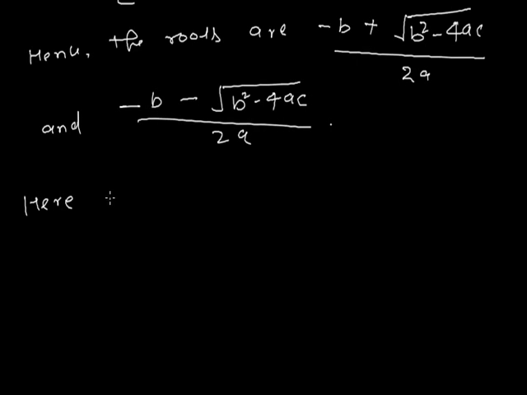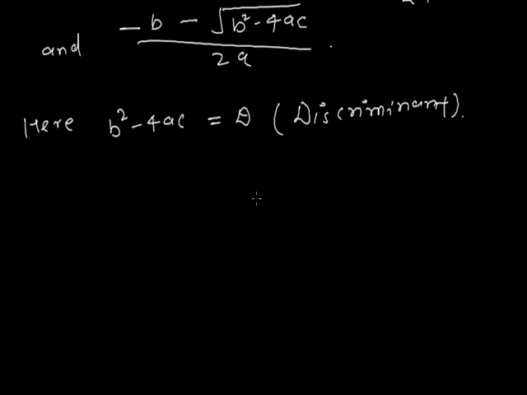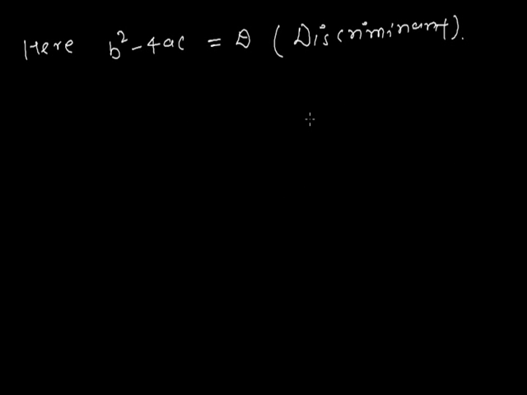The term b square minus 4ac is denoted by D, and it is known as the discriminant. Now we are going to take an example of how we can solve a quadratic equation by using the completing the square method.